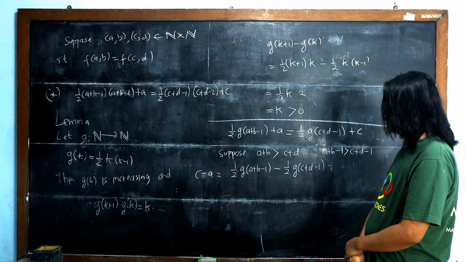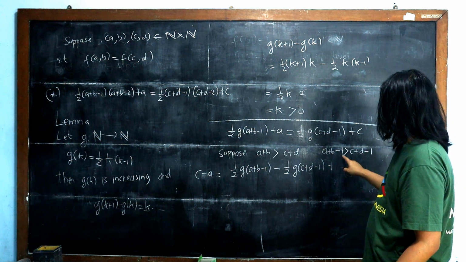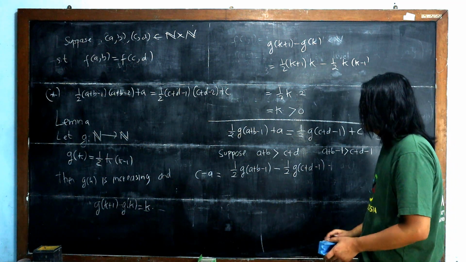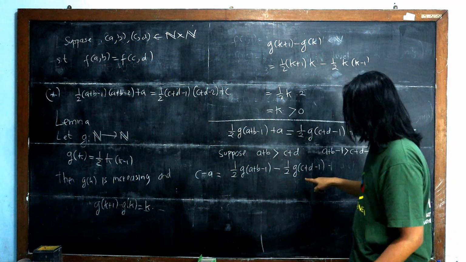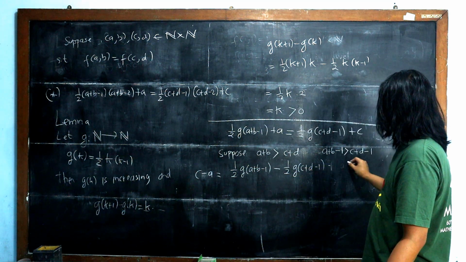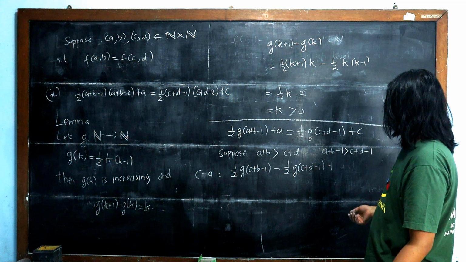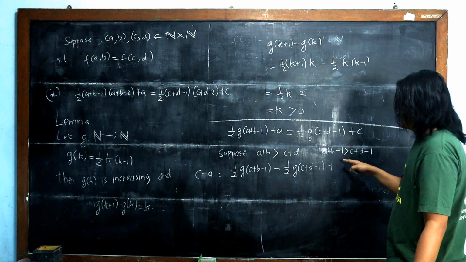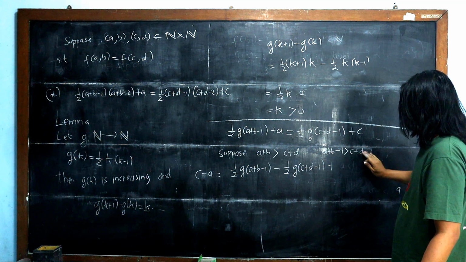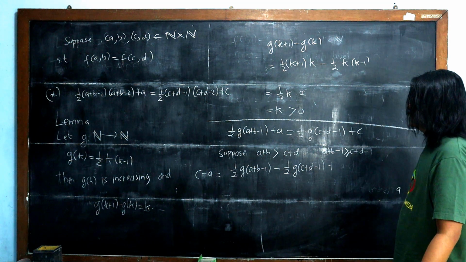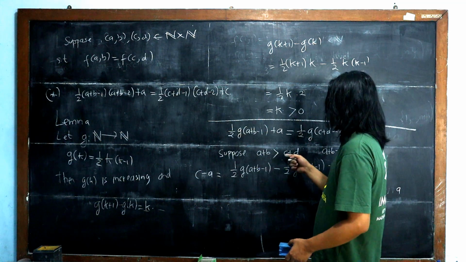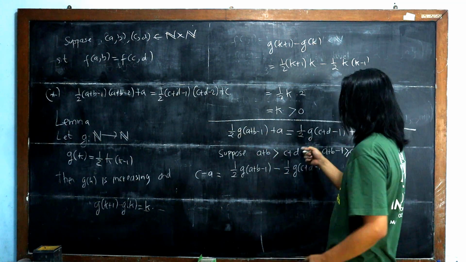What I would like to say is that a plus b minus 1 is greater or equal to c plus d, because a plus b is greater than c plus d.